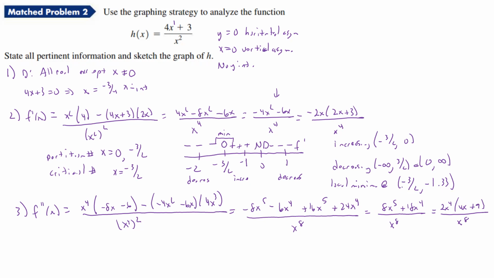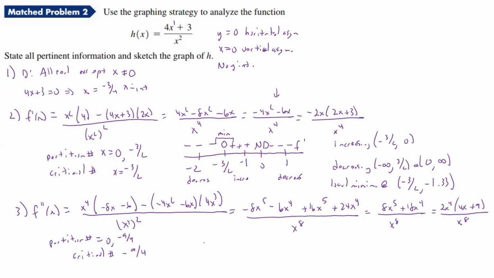That's going to give me partition numbers of what? We're going to have 0 and a negative 9/4. And we have critical number here. We can't have the 0, so the critical number can only be what? The negative 9/4.